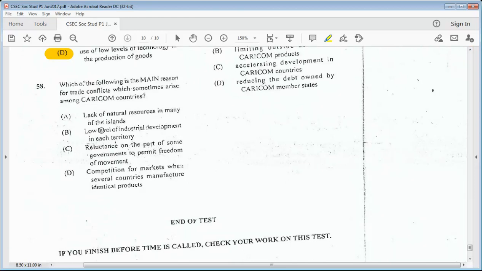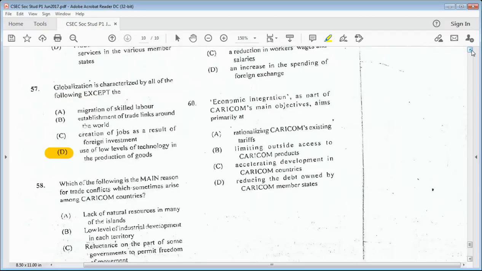Lack of natural resources in many of the islands could cause conflict, but that would not be the main reason. B, low levels of industrial development in each territory, no. Looking at our answer options, competition is what would cause trade conflicts. Competition for markets when several countries manufacture identical products would be the main reason for trade conflicts.